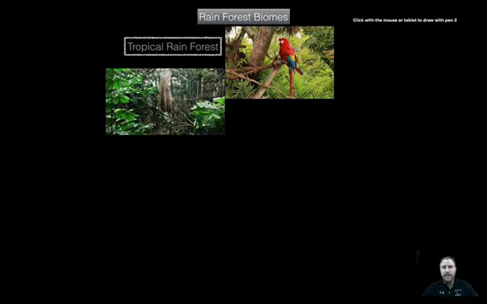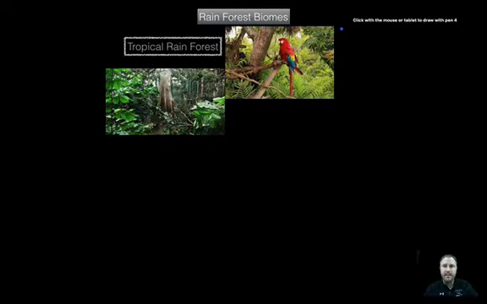There's a large variety of plants and animals found in this area. One of the neat things about these biomes is that there are so many types of trees and plants, and we break this down into two parts.